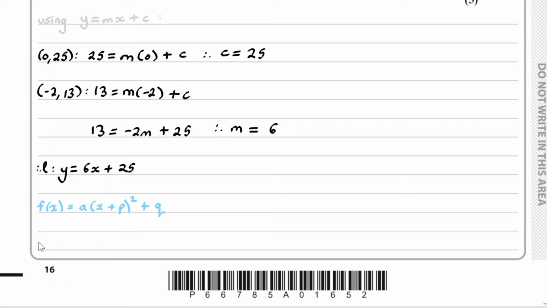And at this point -2, 13, which is a minimum point, we have over here in completed square form a lots of x plus 2 all squared plus 13. So this is what f of x is. Okay?